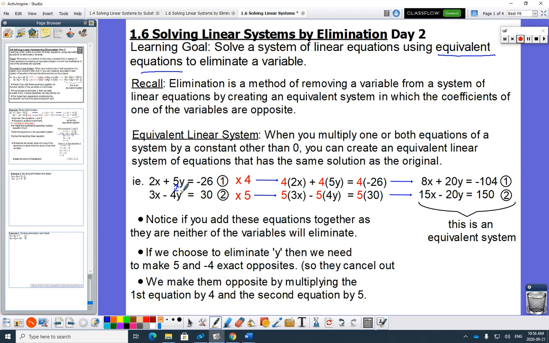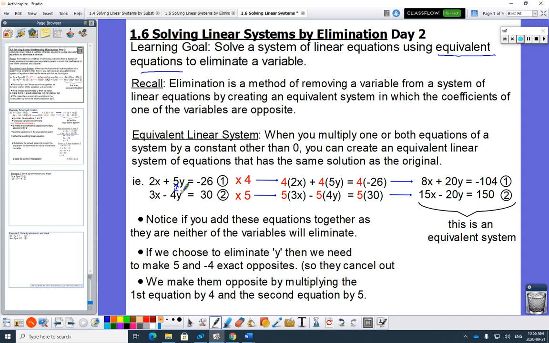And then in this equation, we want this to now become negative 20y, so we need to multiply by 5. So we multiply 3x times 5, that's 15x. Negative 4 times 5 is negative 20y, and 30 times 5 is 150. If you're going to make a mistake here, most people remember to do the variables, and they forget to multiply the number at the end.